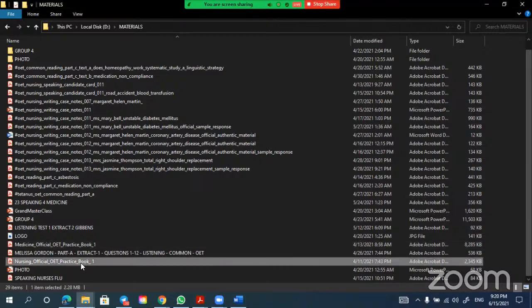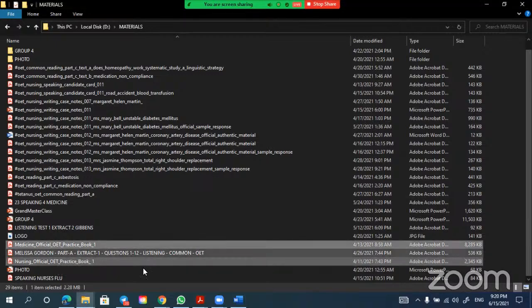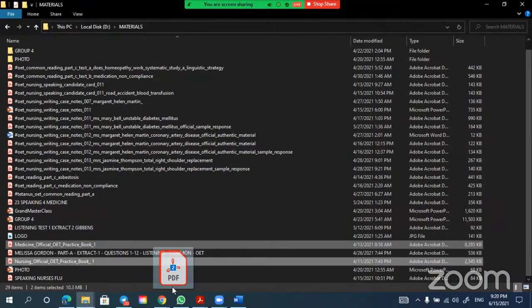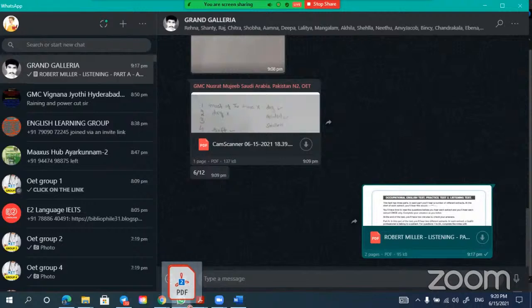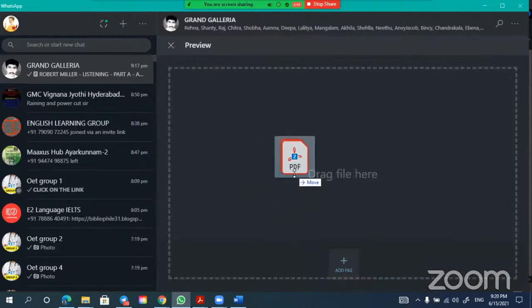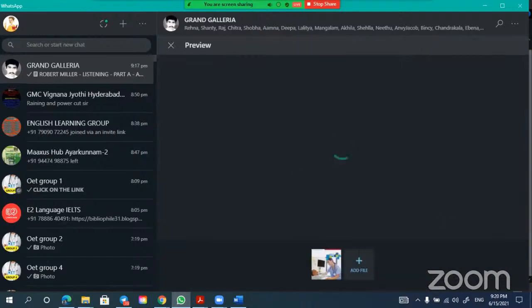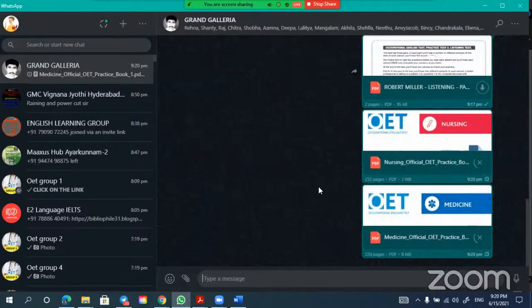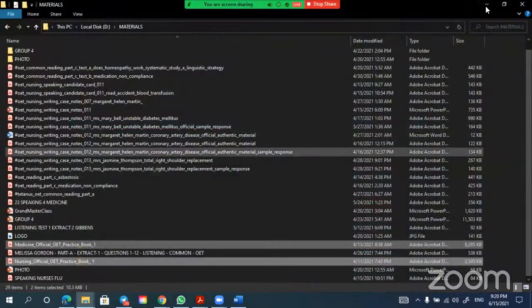This is the nursing book and this is the medicine book. So from this only I will explain. Both I sent. Medicine is blue, nursing is red.